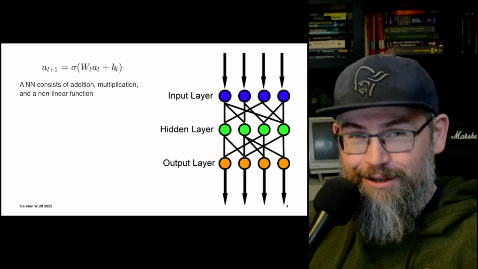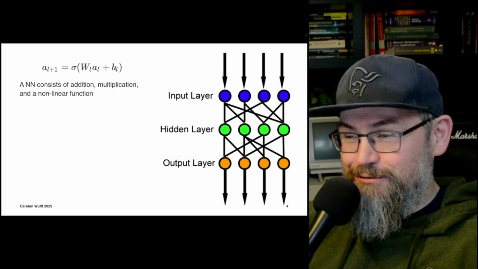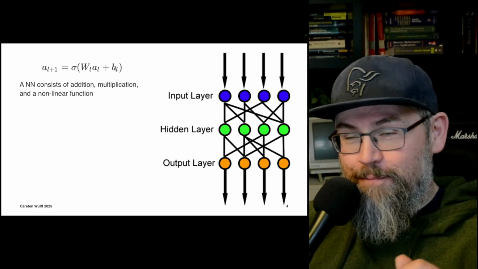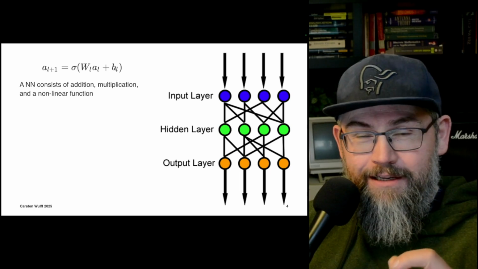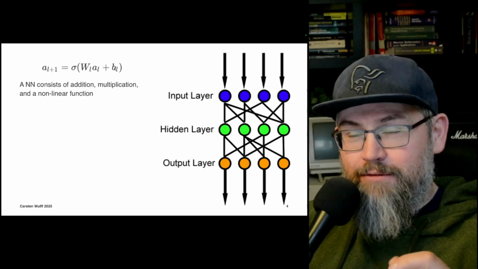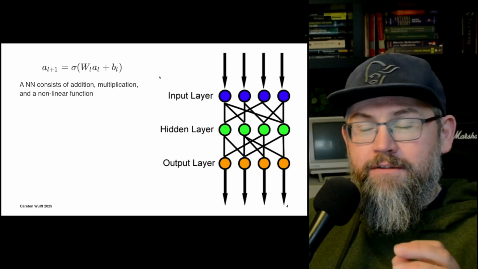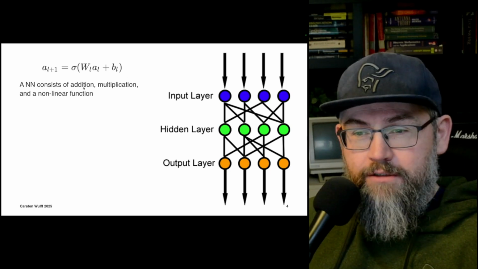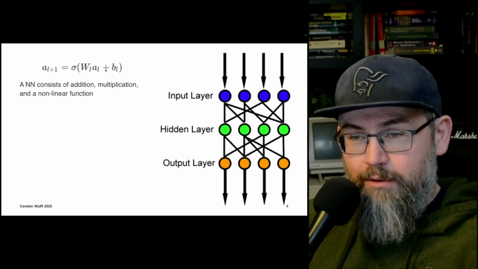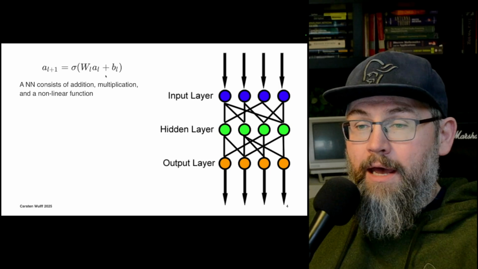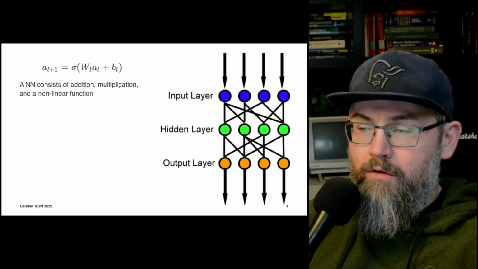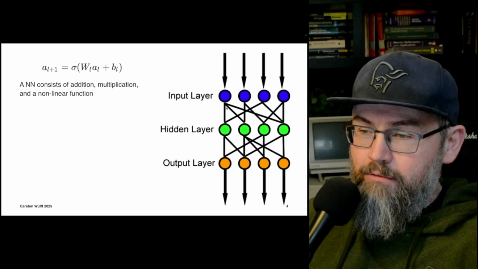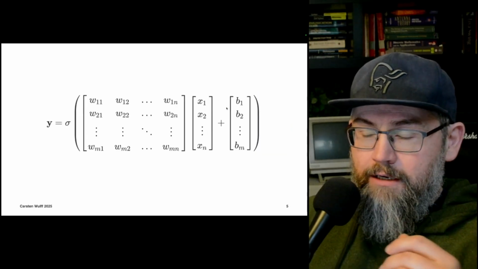They're much better than me at explaining neural networks and how they work. But fundamentally, it's quite interesting with these networks because they consist of fundamental operations. We have addition, there's a plus sign there. And we have multiplication.